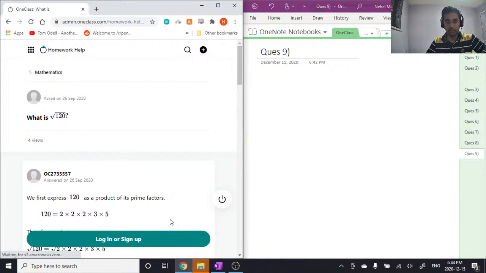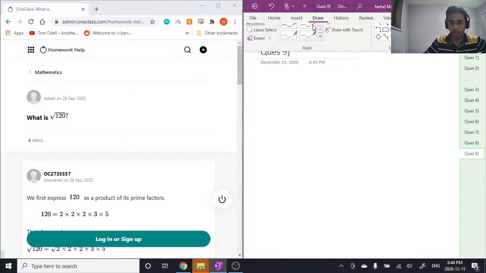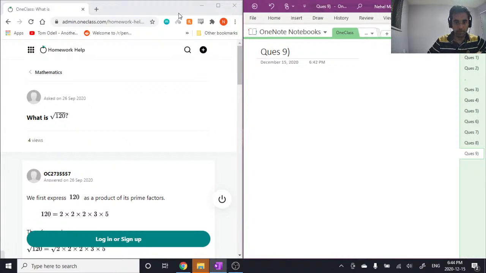Okay, so the next question is, what is the square root of this given value? So for any under root or square root questions, we need to do the prime factorization of that number. So in this case, this number is 120. So we need to find under root 120.